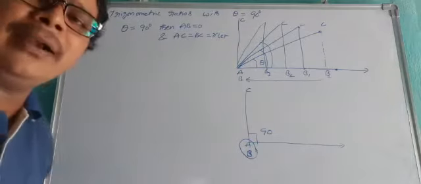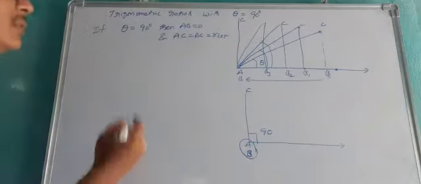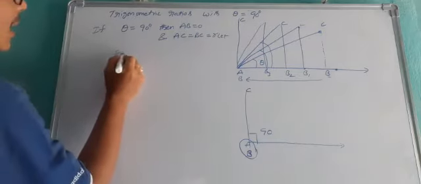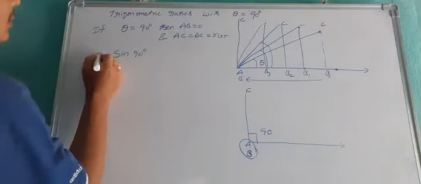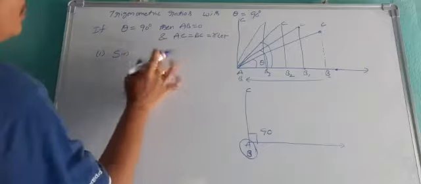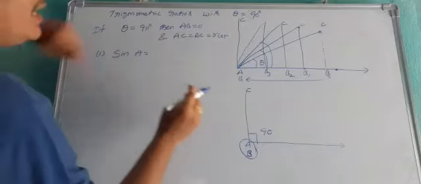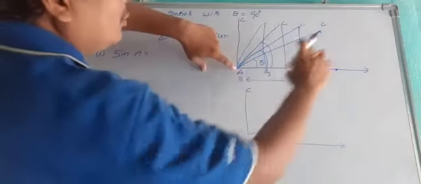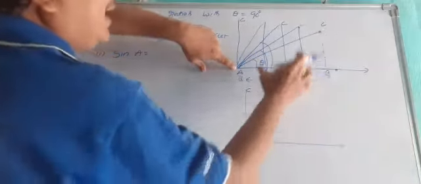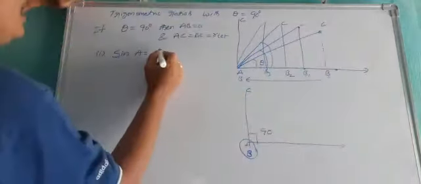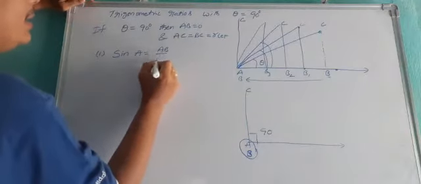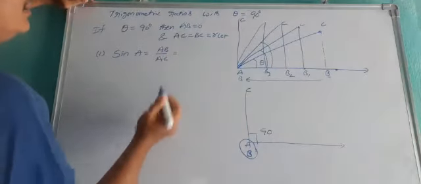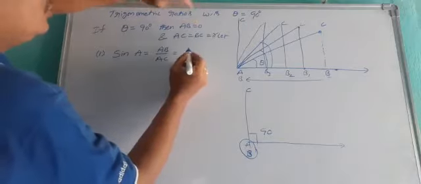Now we have to find the values one by one. What are they? Sine 90 degrees. Sine 90 means sine A. What is sine A? Sine A equals opposite side by hypotenuse. That means AB by AC. Here AB equals how much? 0.